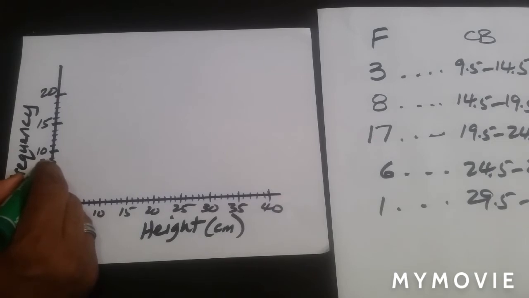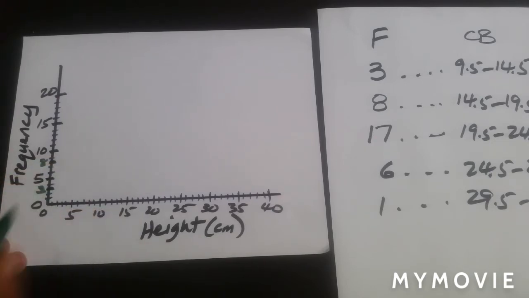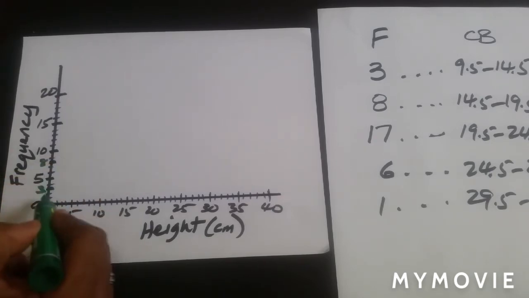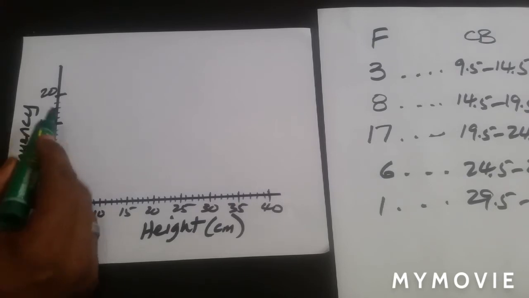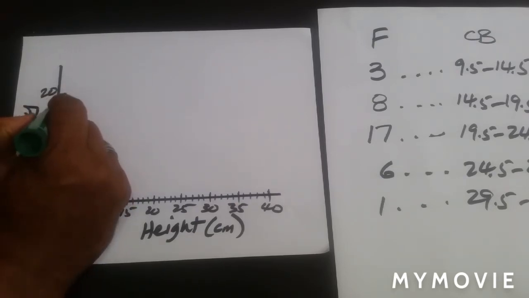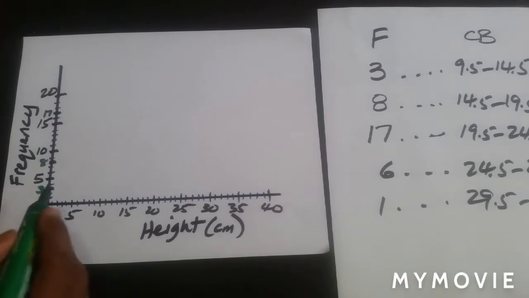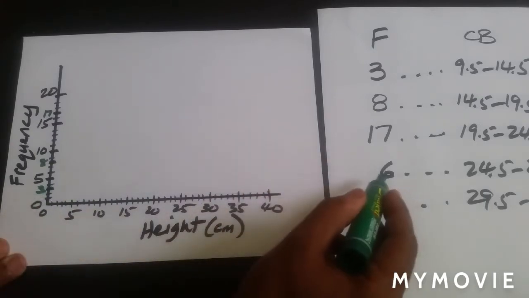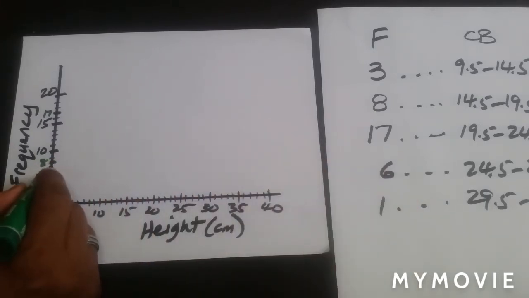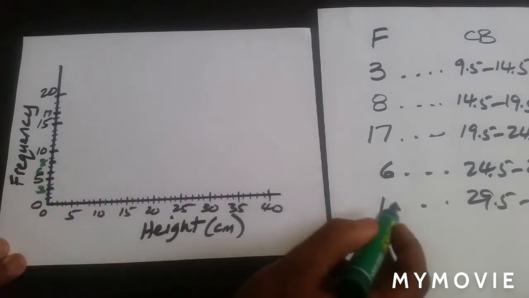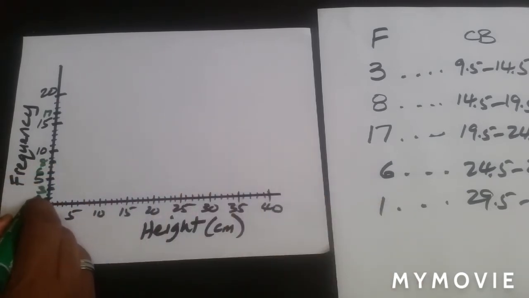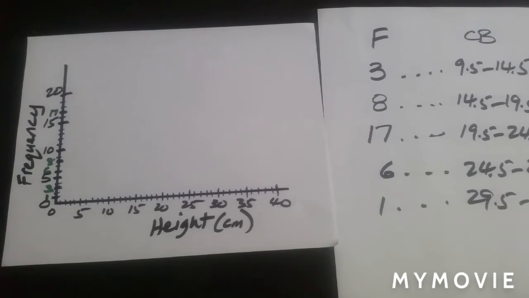So this would be 8. This would be 3. 17. So 5, 10, 15, 16, 17 would be here. And 6 would be the next one. 6 is here. And 1 would be the final height. And that's right there. So now I have the heights indicated.